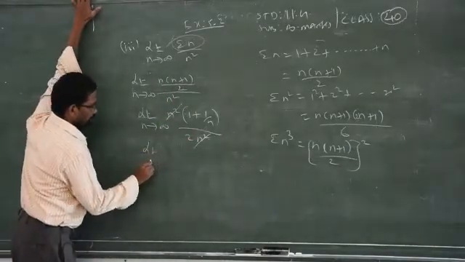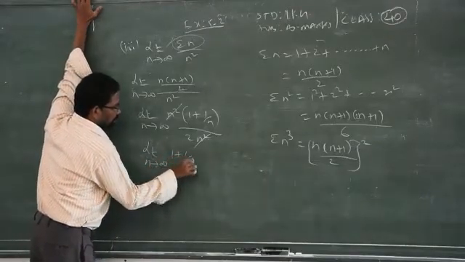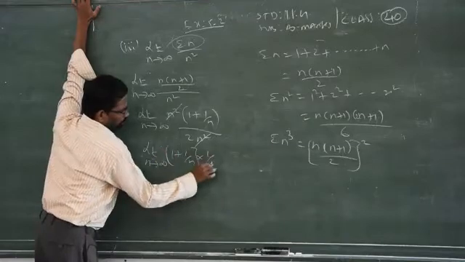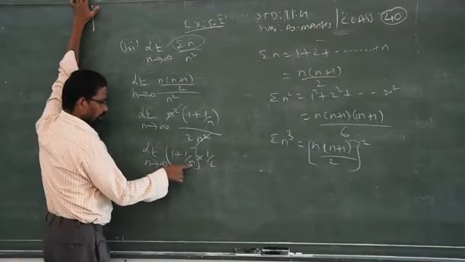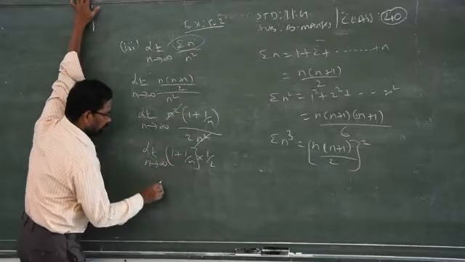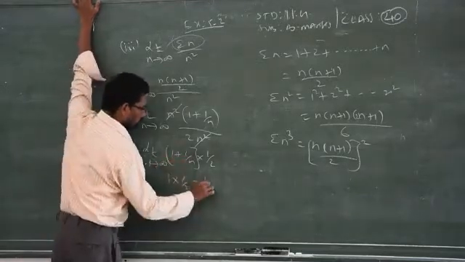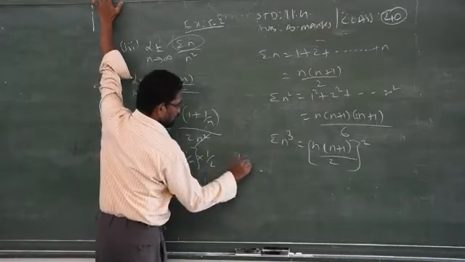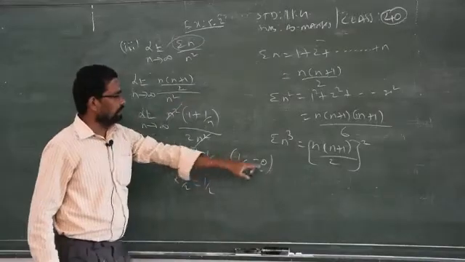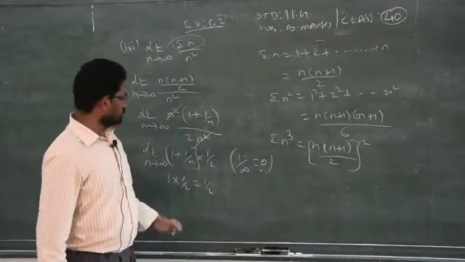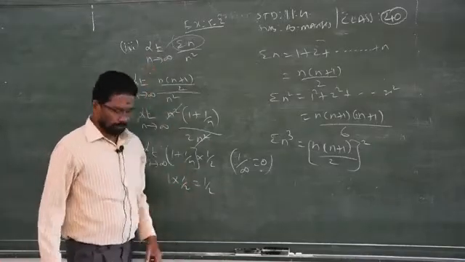So limit n goes to infinity, 1 plus 1 by n into 1 by 2. Now if I replace n by infinity, anything by infinity will give how much? 0. 0 plus 1 is 1. So 1 by 2. That is, 1 by infinity is 0. Anything by infinity is always 0. Based on the concept, the answer for this question is 1 by 2.